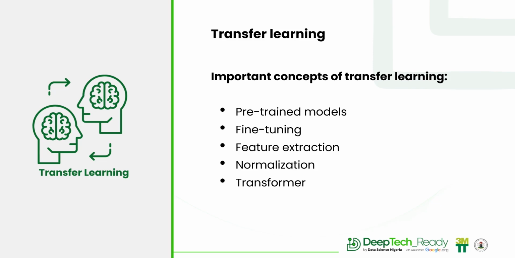All right, and of course, you need to also tweak the parameters to be able to learn some new features with respect to your data. So that's fine tuning. Then feature extraction basically means you're trying to extract some important information from that data. That is, the model is trying to extract important features, understand important features.